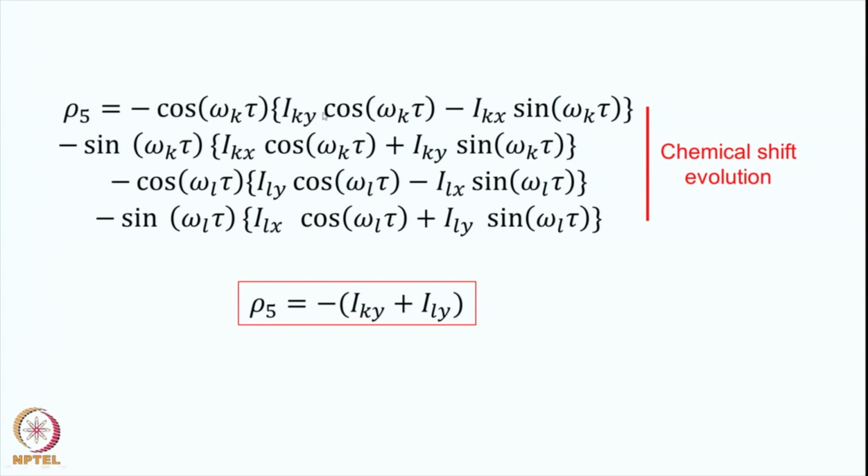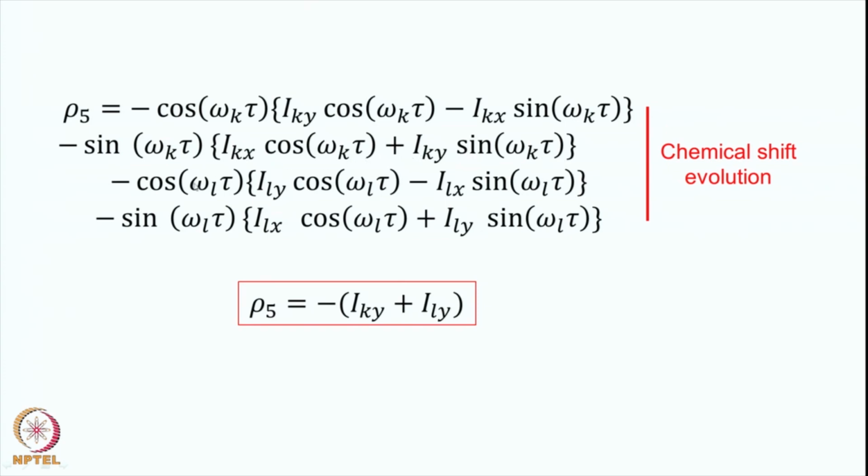This is the first term, IKY. This gives me minus cosine omega k tau, and IKY evolves under the chemical shift once more like this: IKY cosine omega k tau minus IKX sin omega k tau. The second term, which involved IKX, will give me minus sin omega k tau, and inside the bracket you have IKX cosine omega k tau plus IKY sin omega k tau.